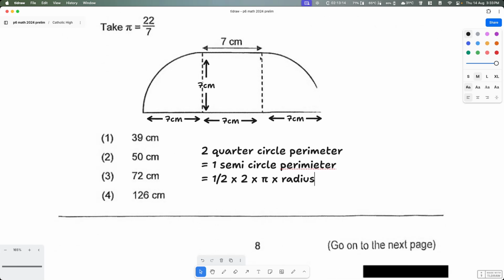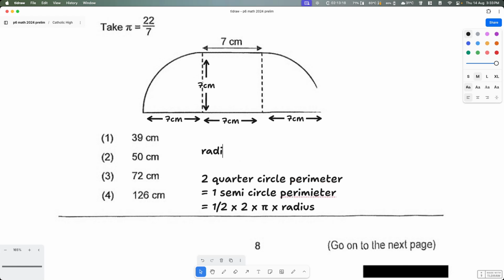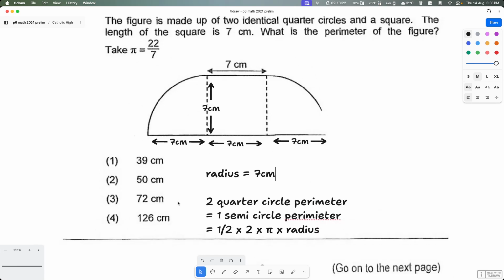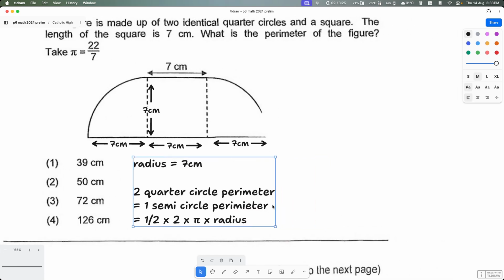In this case, the radius is 7 centimeters. So now we have 2 pi r, which becomes half times 2 times pi. Pi is 22 over 7 times radius, 7 as well. So half times 2 is gone, 22 over 7 is gone. So it's 22 centimeters.